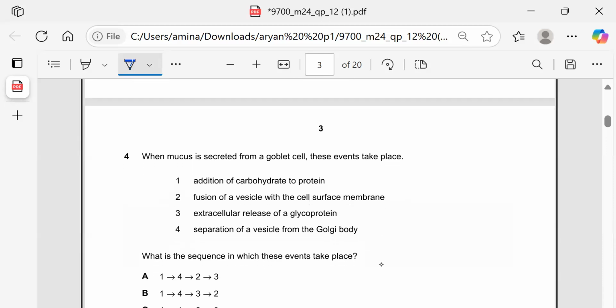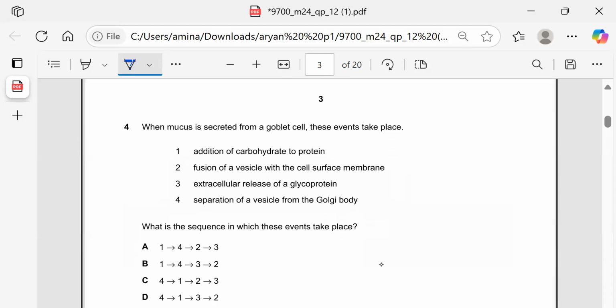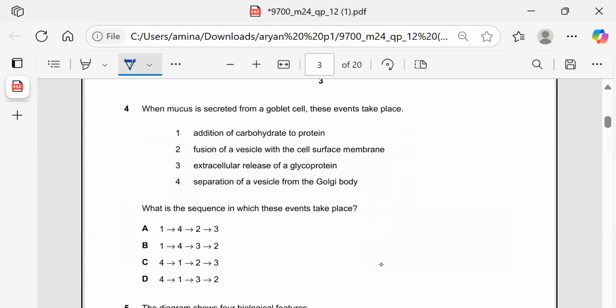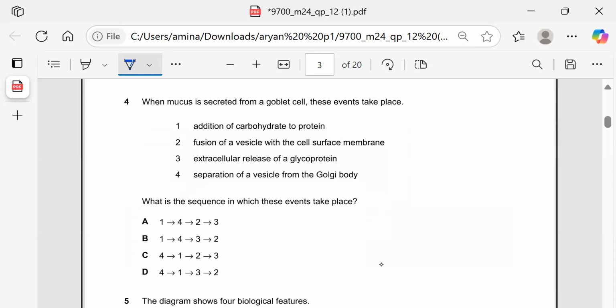The next question is asking, when mucus is secreted from a goblet cell, these events take place: addition of carbohydrate to protein, fusion of vesicle with the cell surface membrane, extracellular release of the glycoprotein, and separation of the vesicle from the Golgi body. I'm going one by one with the process.